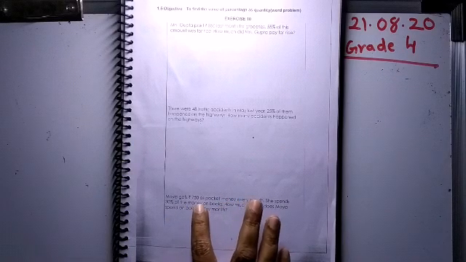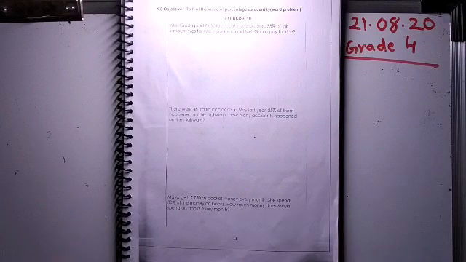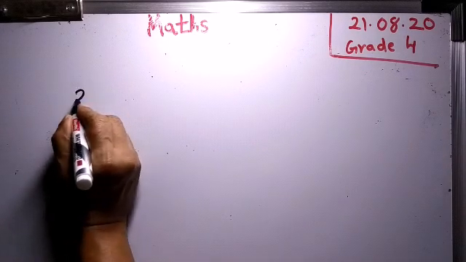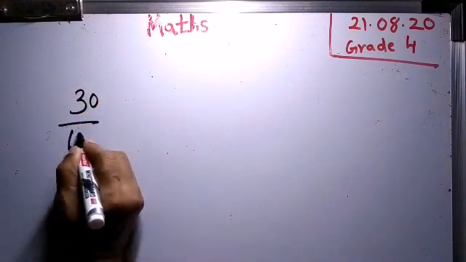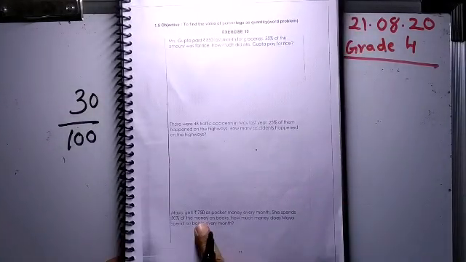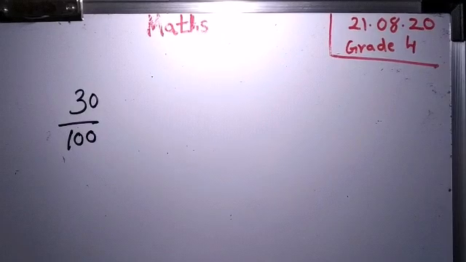Maya gets rupees 750 as pocket money every month. She spends 30% of the money on books. How much money does Maya spend on books every month? Right? So let's see how much she spends on books every month. So that's 30%. So again, children, 30% means on 100. And what is the total pocket money she gets? 750, right?